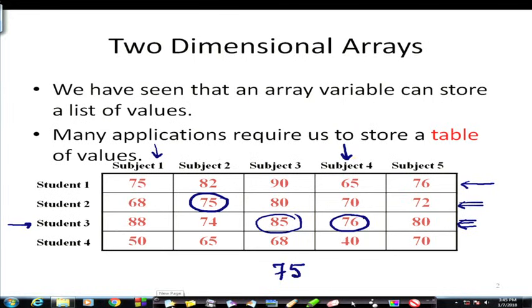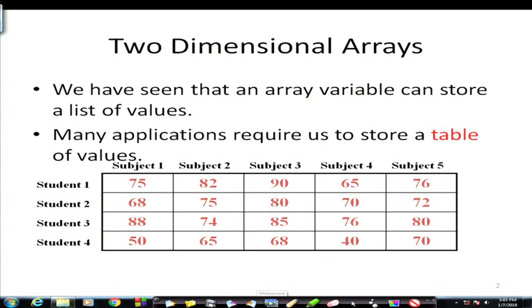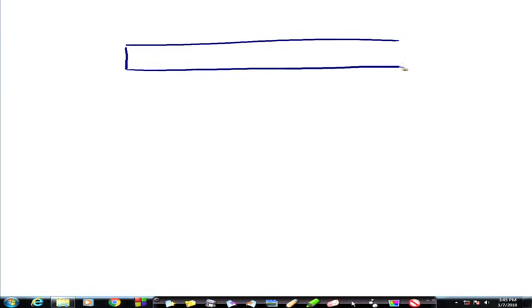Recall that in the case of a one dimensional array, we had indices, index, right. So, that index was telling us, say for example, suppose these are marks again out of 10, and I wanted to know what is the marks in subject 1.